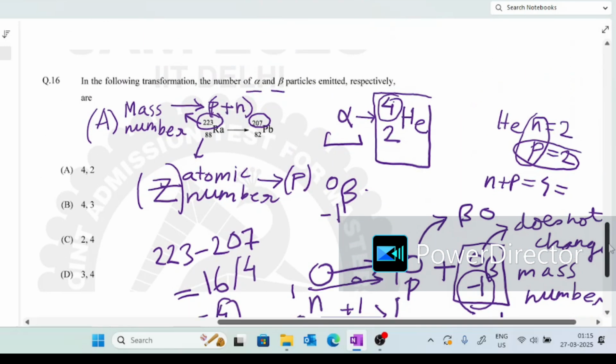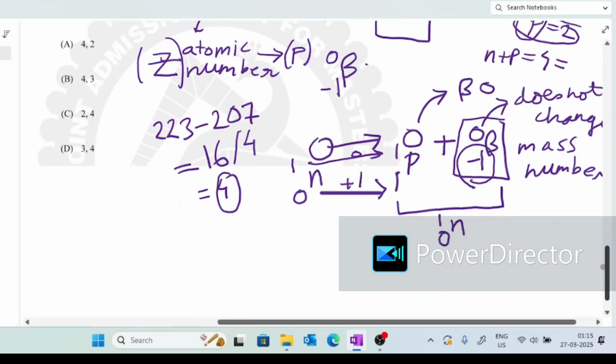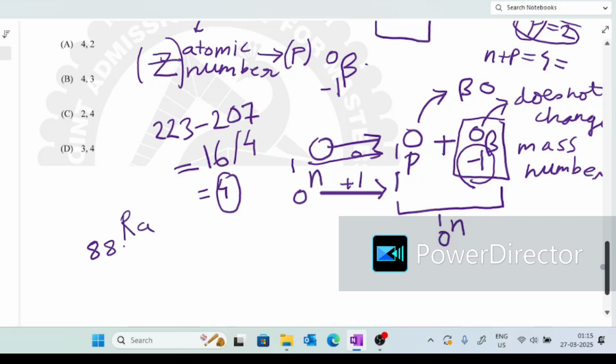The atomic number is 88 at the beginning, and you had 4 alpha particles, so you had 4 of helium 4 2.